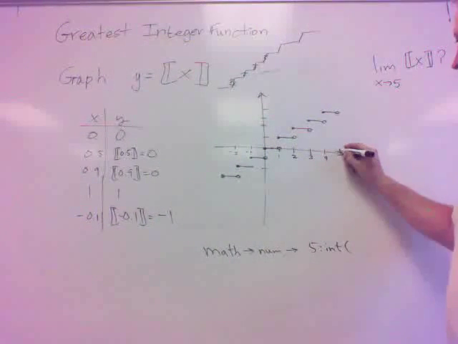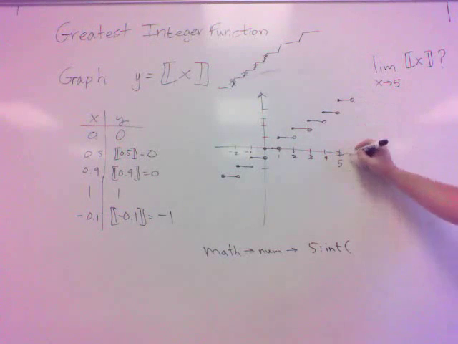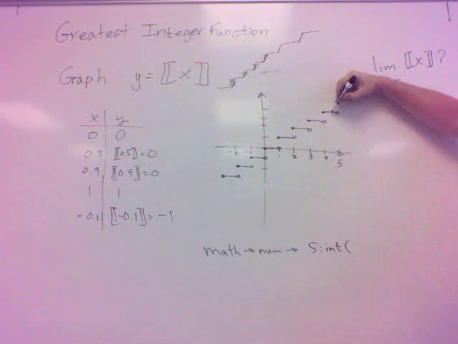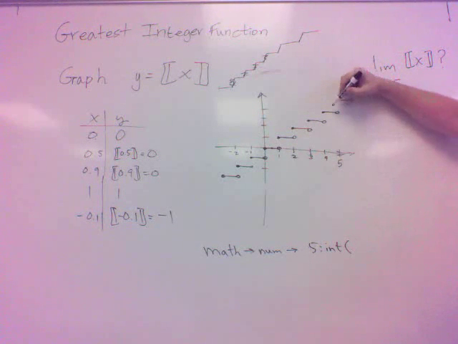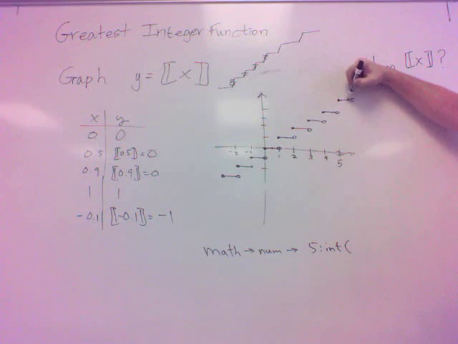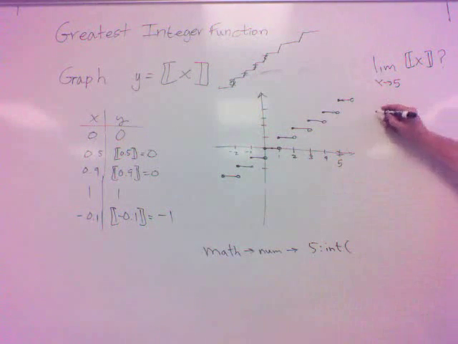As you approach 5, what's it doing? As you go to 5 from the left, you're coming in here. As you come to 5 on the right, you're coming in here. So what's happening? The limits aren't agreeing. Here's what you could say then.